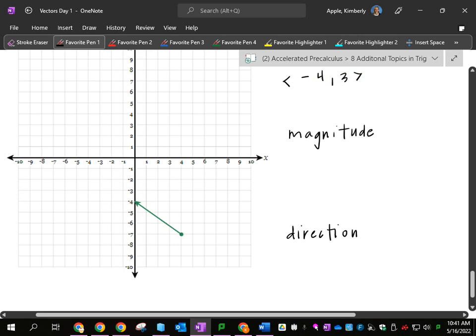Because remember, the component form is just the horizontal and vertical distances. To find the magnitude, I just take the component form and plug it into the Pythagorean theorem. And that'll give me the magnitude. And then finally, remember the direction is the tangent inverse of the vertical over the horizontal.